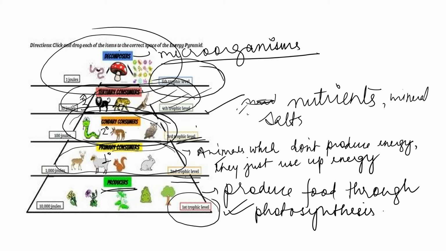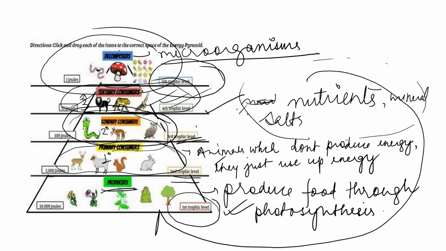Okay. Who will release these nutrients and mineral salts? The dead and decomposed plants and animals. Then those nutrients which will be released in the soil, they will be used up by these producers, the plants, again.